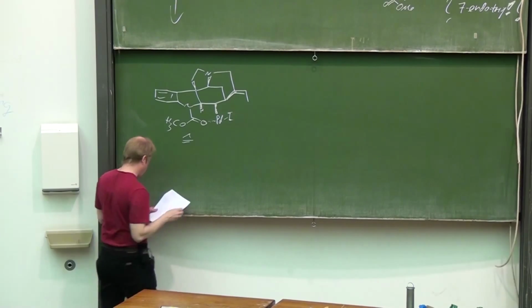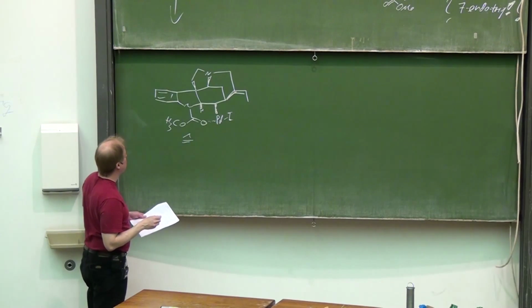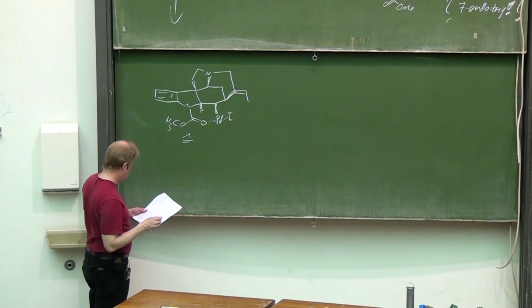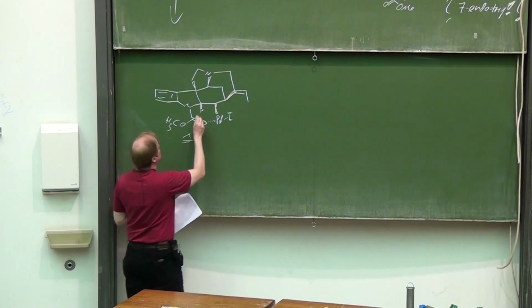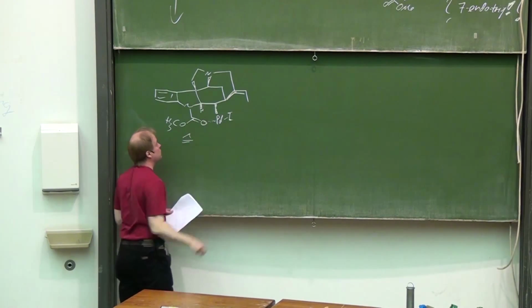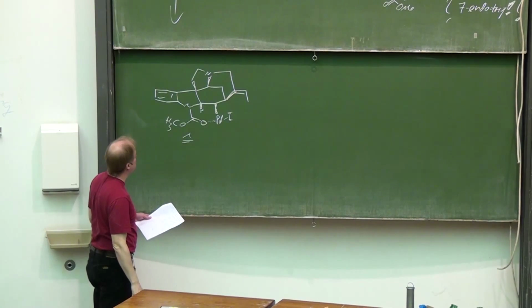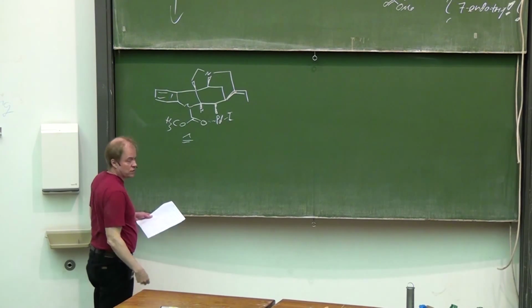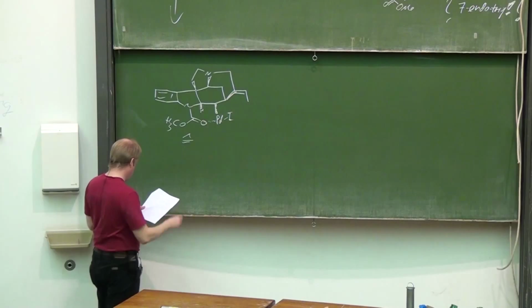I'm going to try some kind of perspective drawing. A chair conformation for this 6-membered cyclohexane moiety.